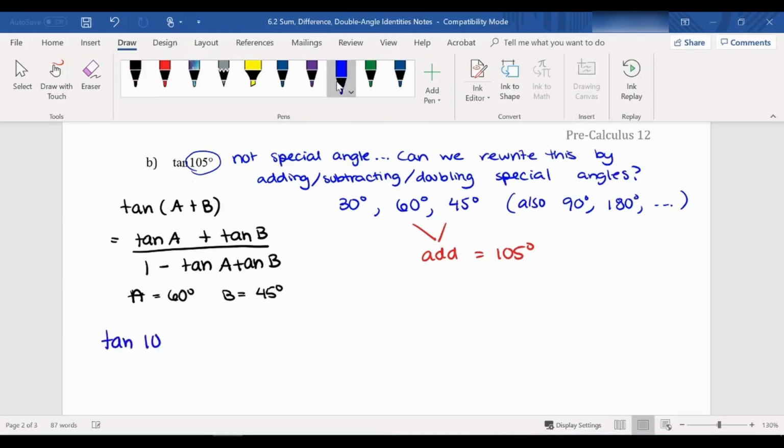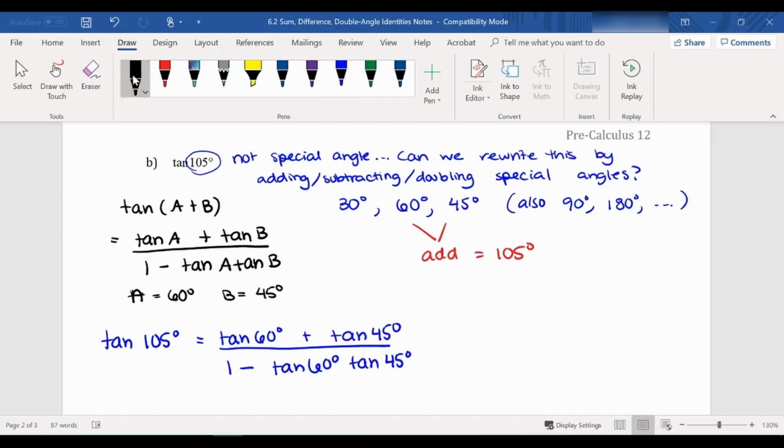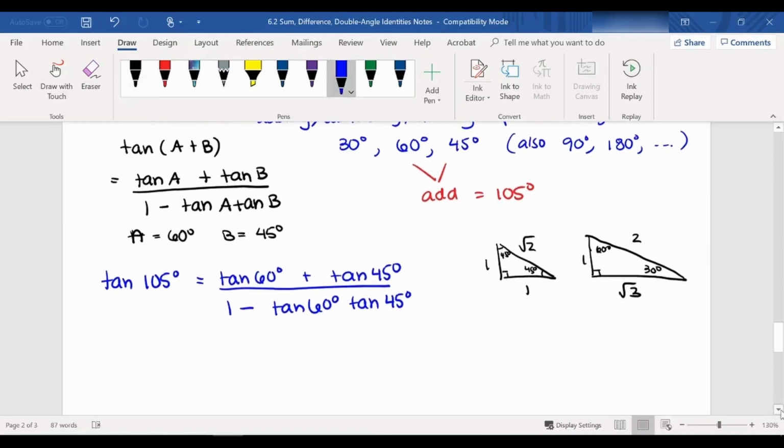So we've got tan 105 is equal to tan 60 plus tan 45 all over 1 minus tan 60 tan 45. Now again, we need our special triangles. This time I'm going to draw them with degrees. And then we're going to replace all of our tans with actual numbers.